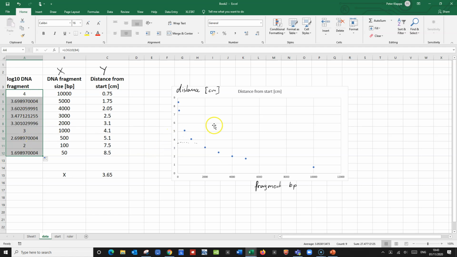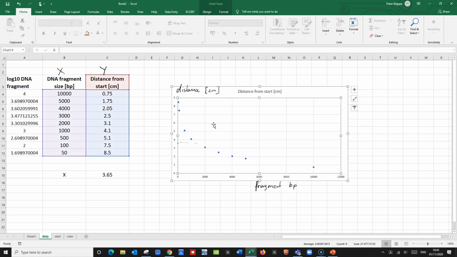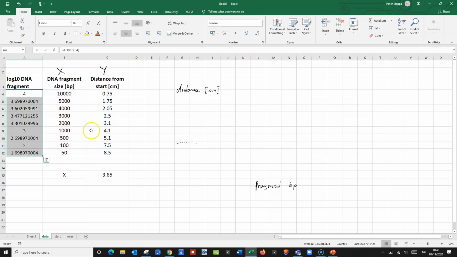And now let's take this away. What we do now is we plot the log 10 fragments on the x-axis versus the distance from the start. So let's highlight our cells.